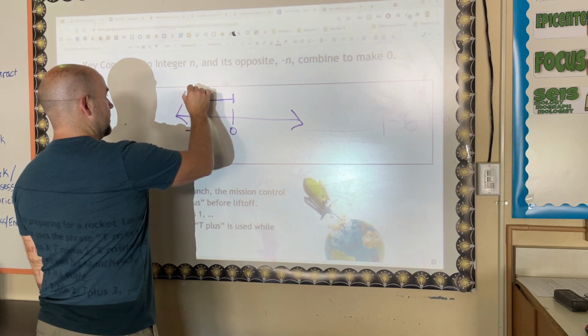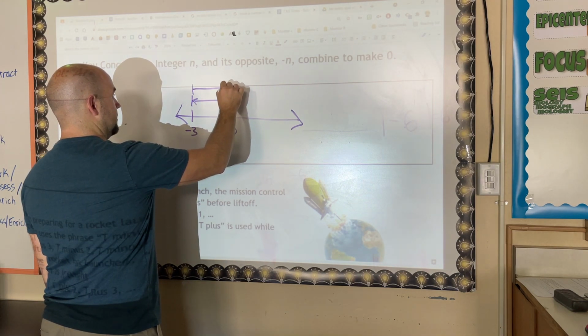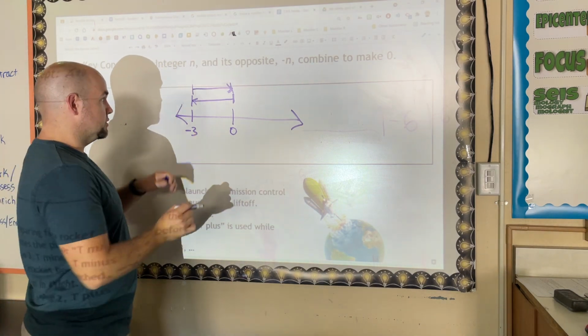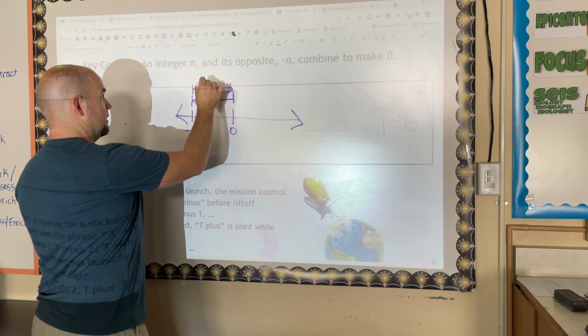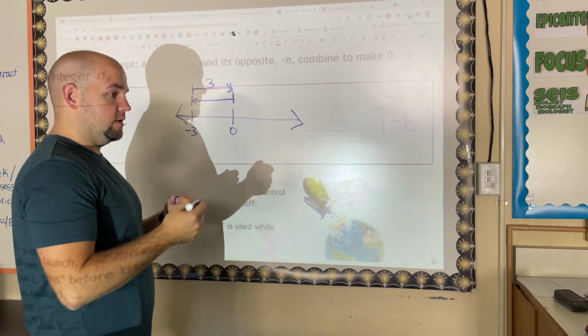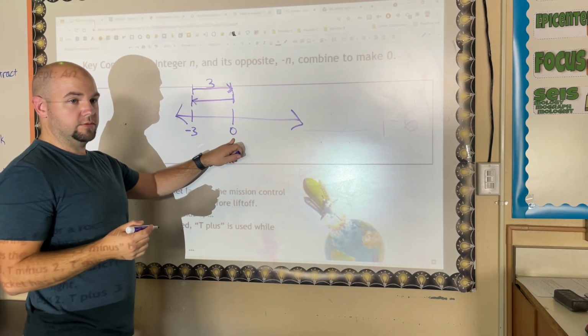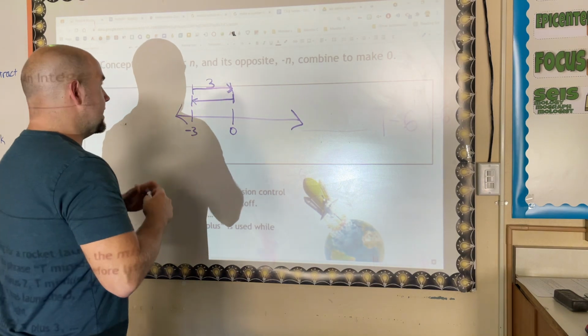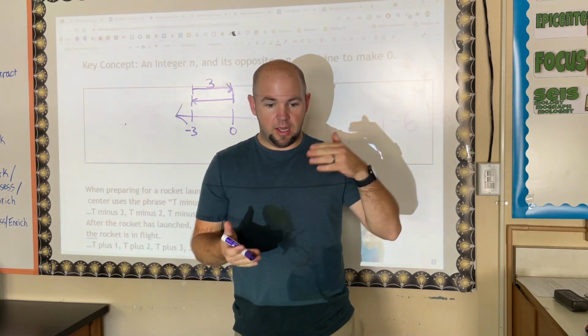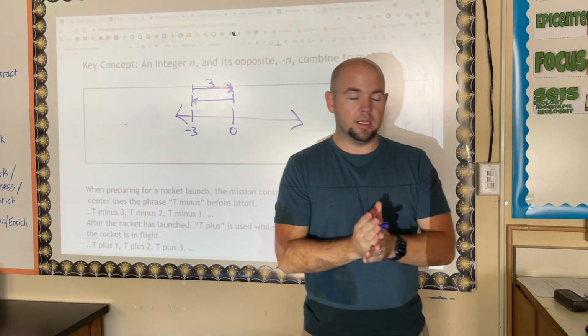If I move again back up, the opposite of -3 is 3. So if I'm at -3 and I move 3, the opposite, I get where I started, 0. So that's our key concept there. The main thing we're looking at today is that if I have an integer and I combine it with its opposite, I get 0.